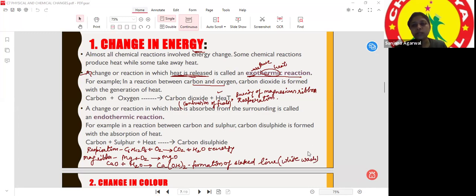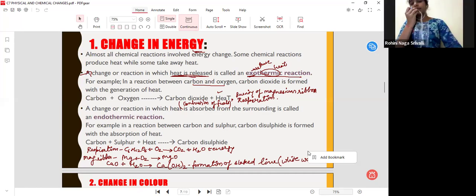Note these down, please. Ma'am, CaOH, that one means calcium hydroxide.